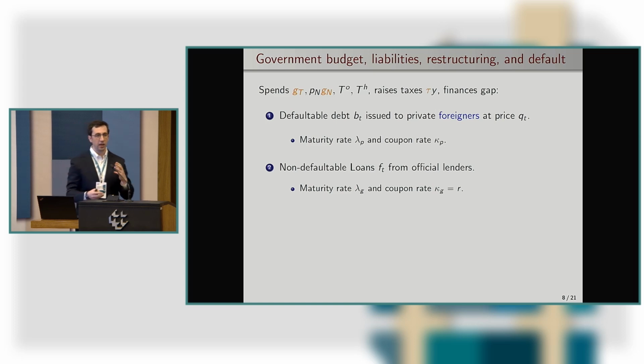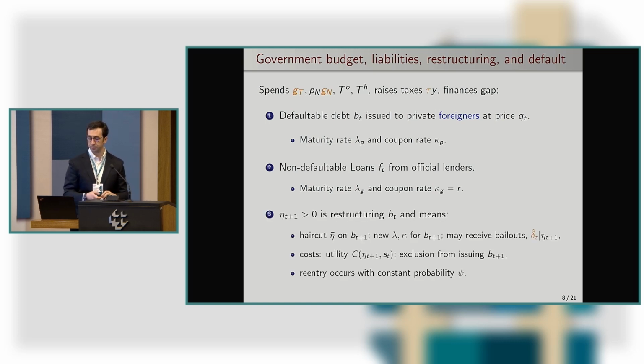The first is this defaultable debt issued to private foreigners at some price that's going to be determined competitively. This is going to be one of these sort of long-term bonds with geometrically declining coupons. Then there's also going to be a non-defaultable loan from an official lender, and this is going to have a potentially different maturity rate and coupon rate.